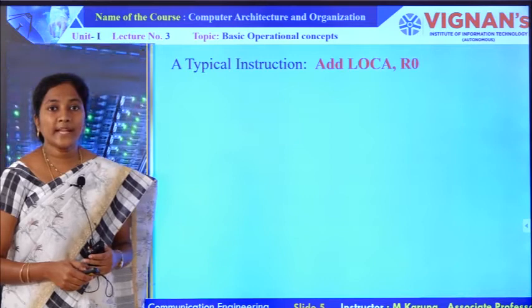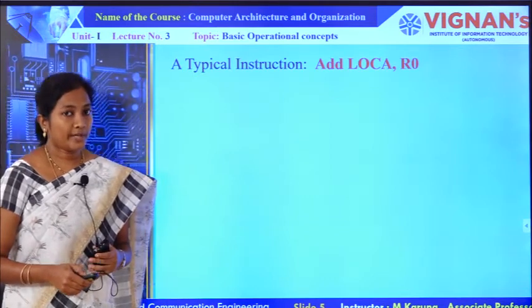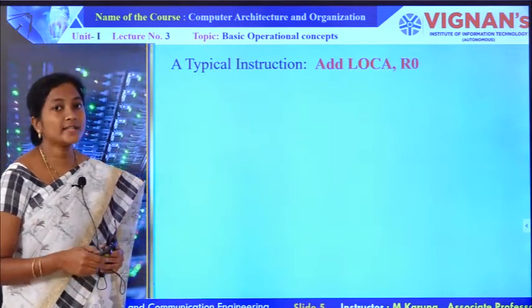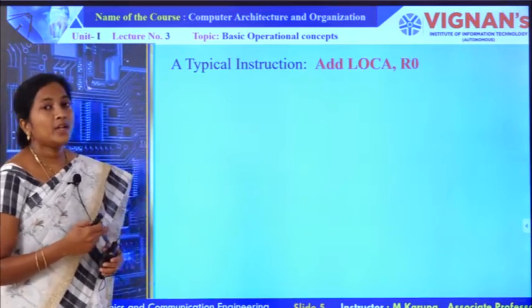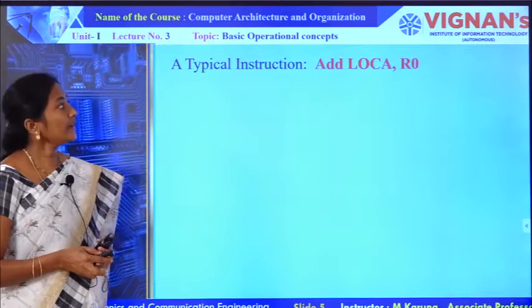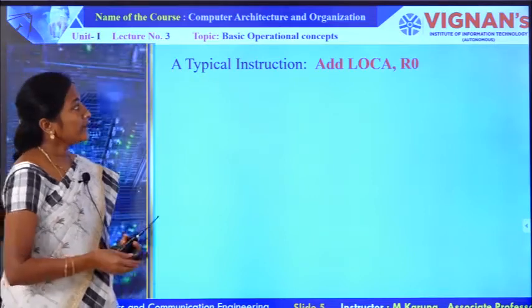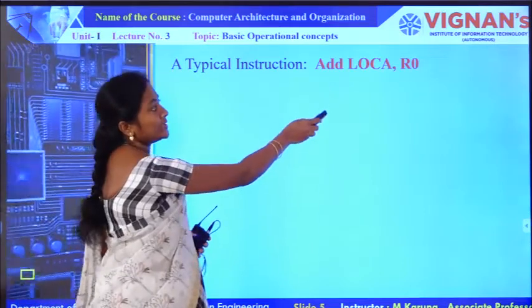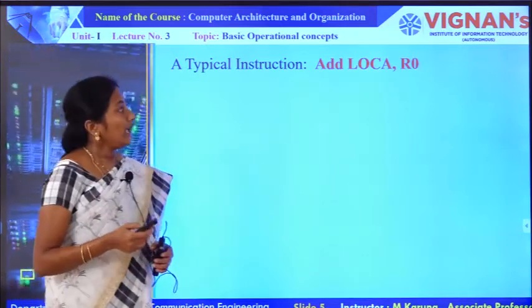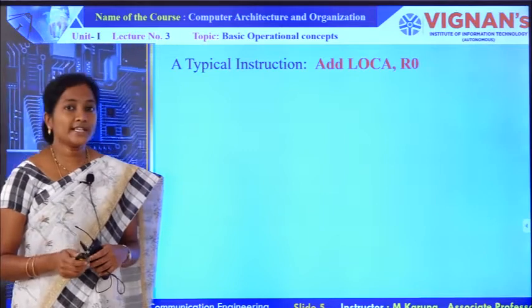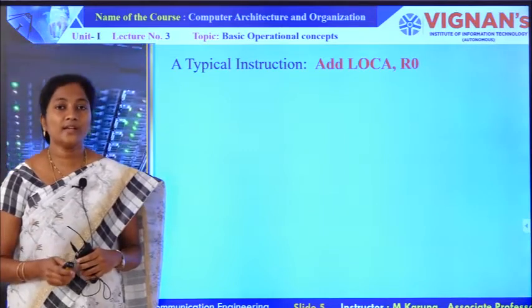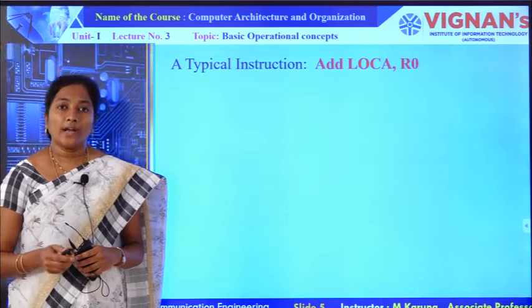Let us take one example for operation. Let us see the concept behind that operation. Example: Add LOCA, R0. Here Add is nothing but the instruction. LOCA is a label. A memory location is accessed with the help of a label or address.